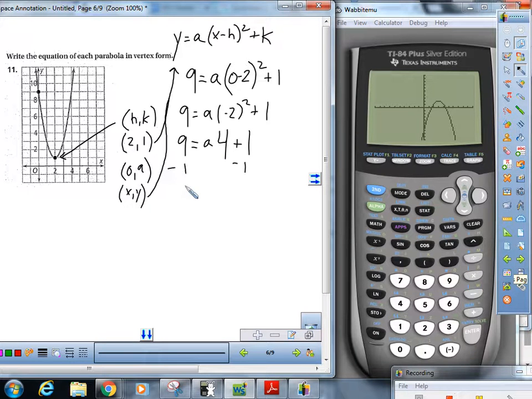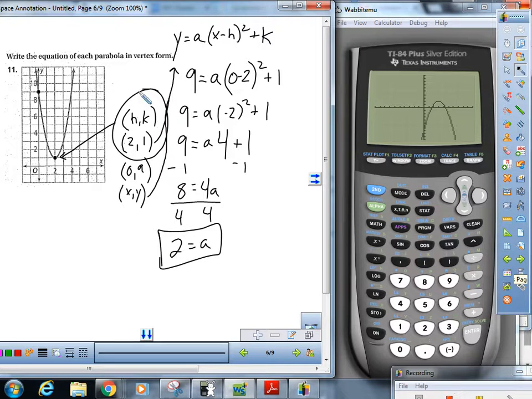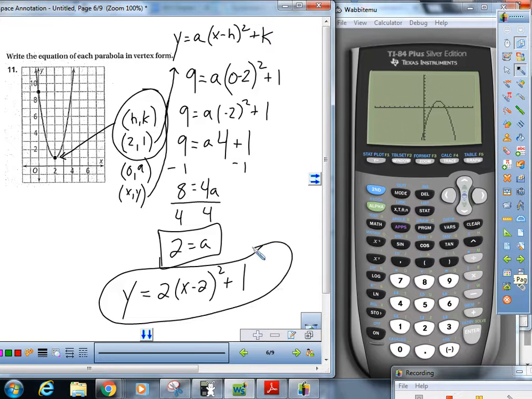Subtract 1 from both sides. 8 equals 4a. Divide each side by 4. And you get a is 2. So now that we know a, and we know h and k, to write our final answer, we will just say y equals 2 times x minus 2 squared plus 1. And that's how you do those. Okay?